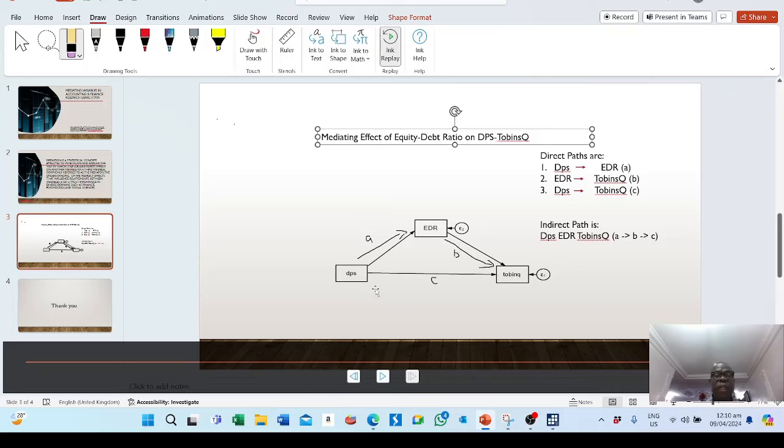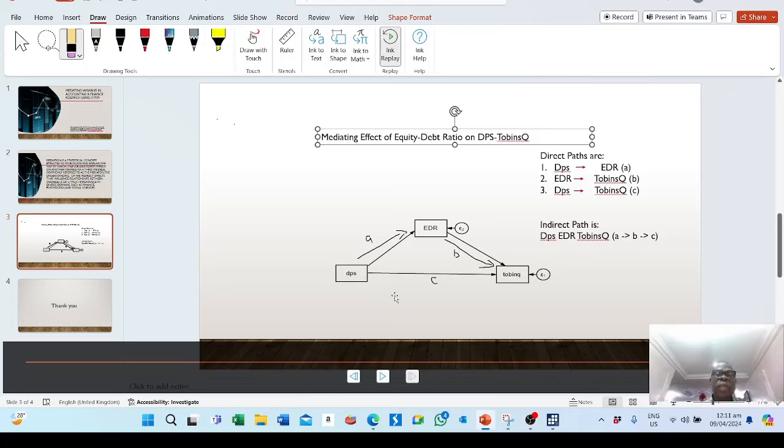That means the indirect effect is that dividend per share has to go through EDR in order to impact TobinsQ. That is the indirect effect. The direct effect is on path C. That's dividend per share, DPS, on TobinsQ, as we can see.